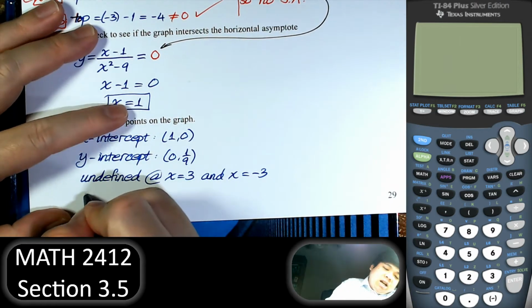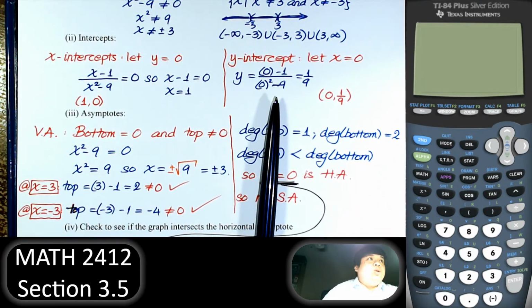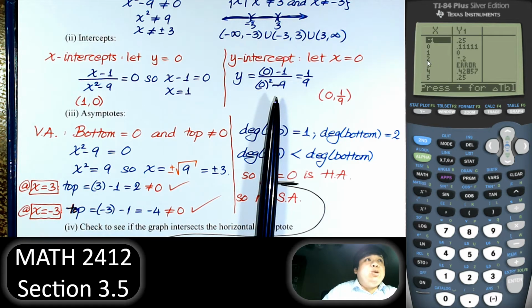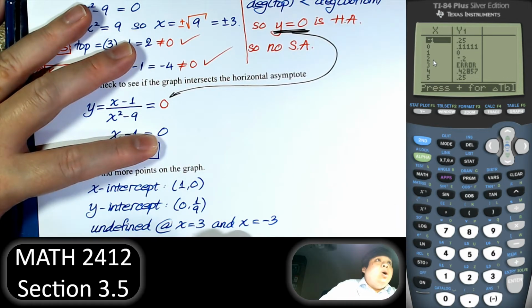So we could test at x equal to 2. Put 2 in the function x minus 1 divided by x squared minus 9. We'll go to the table and we have quite a few values. When x equal to 2, y equal to -0.2, which is -1/5.